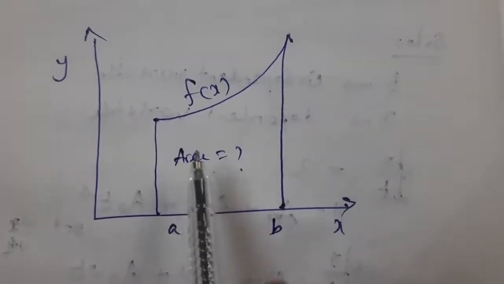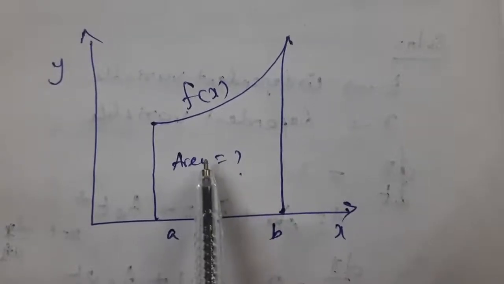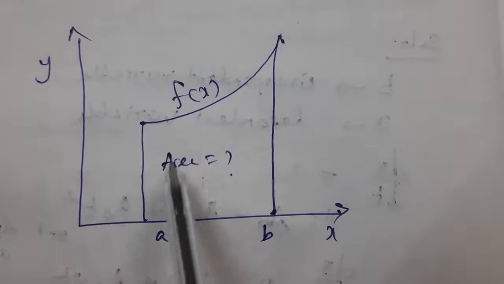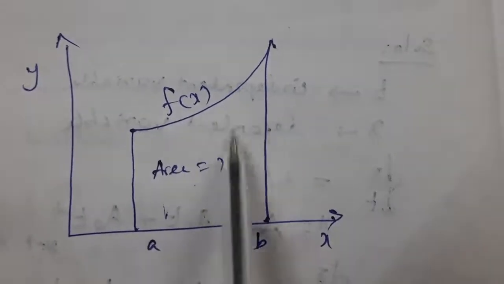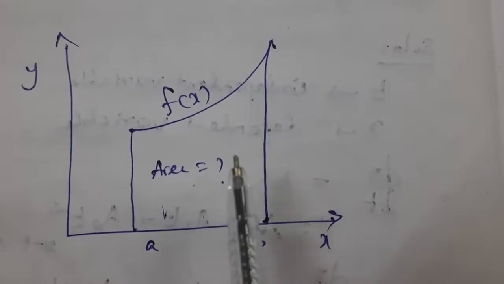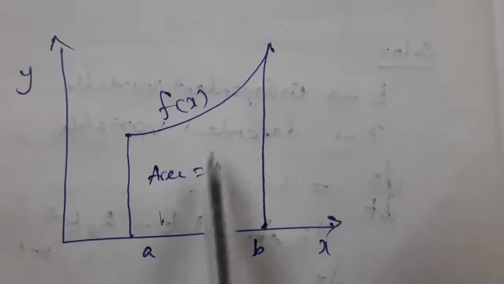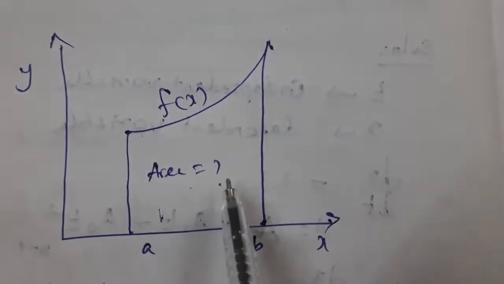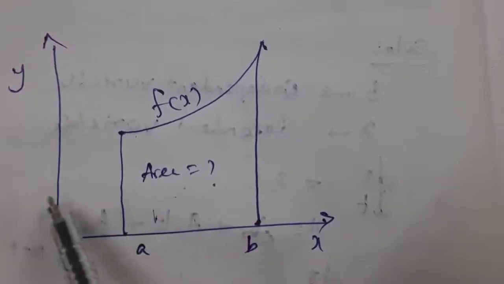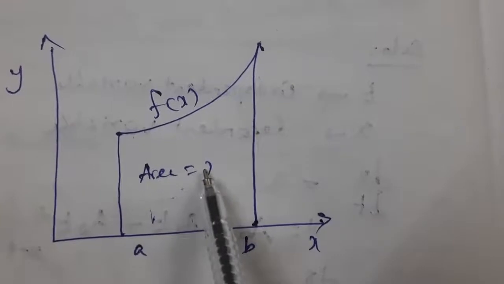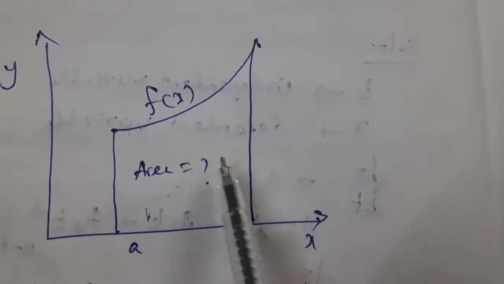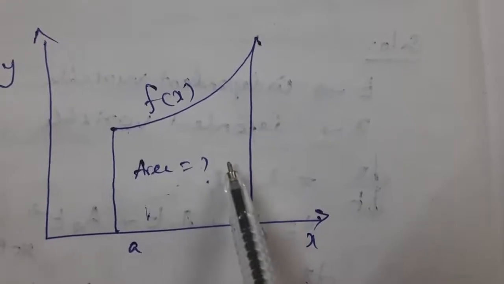To find the area of this irregular shape of the function f of x, we have to divide this area into small rectangular strips. Then we have to add all the areas of rectangular strips. That is giving the area under the curve.